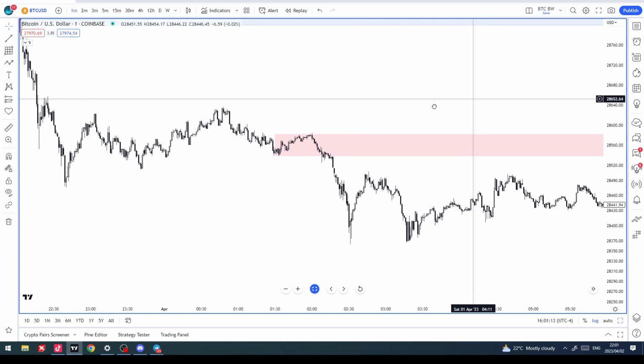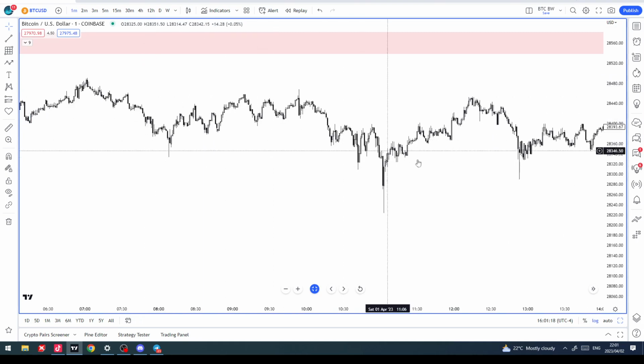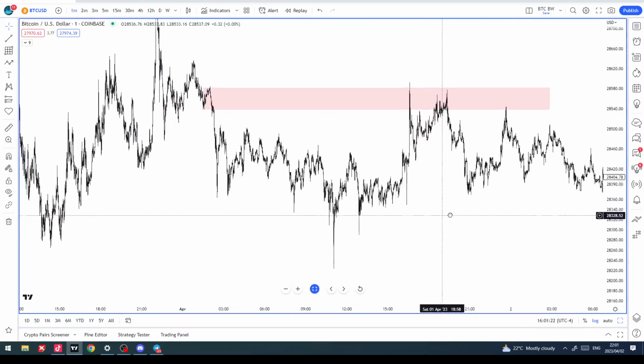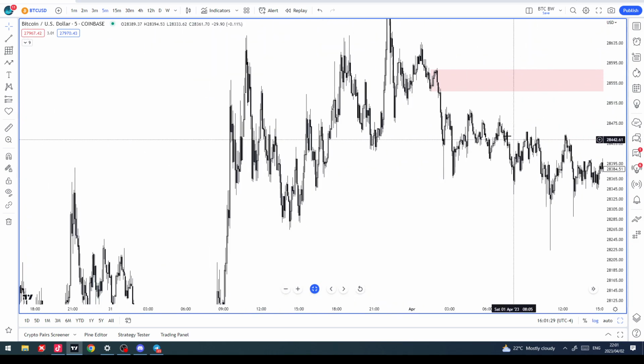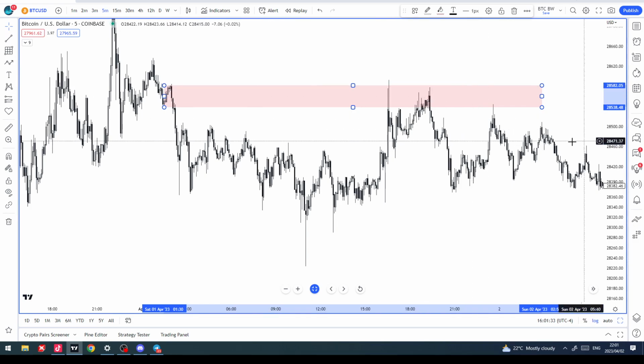You could take any piece of price action. Obviously, now we have the benefit of hindsight for this. But remember, I think it was early this morning or yesterday, I posted this red level here. I can't remember. And it's not coincidence.